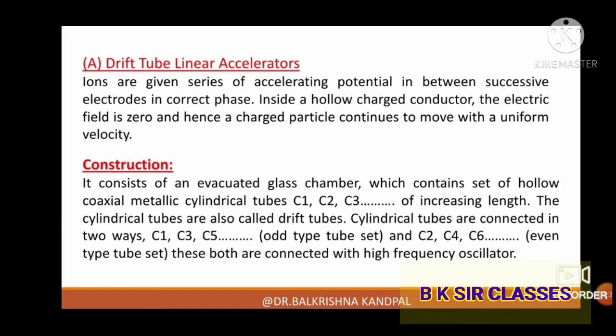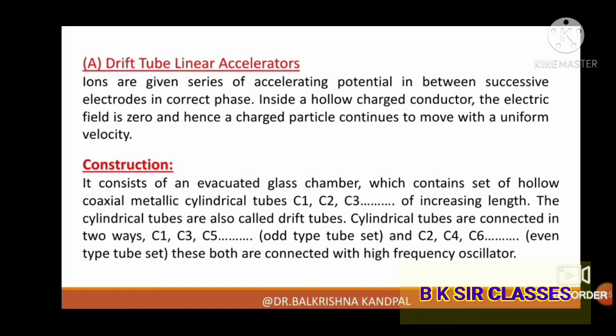The construction consists of an evacuated glass chamber which contains a set of hollow coaxial metallic cylindrical tubes C1, C2, C3 and so on, of increasing length. The cylindrical tubes are also called drift tubes.